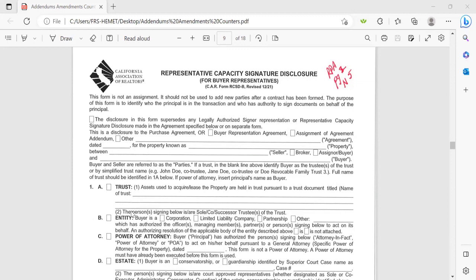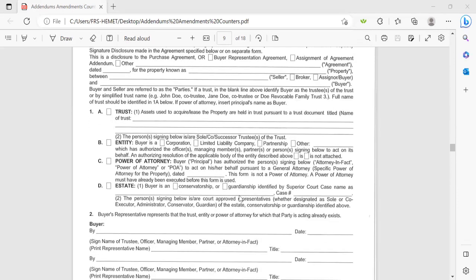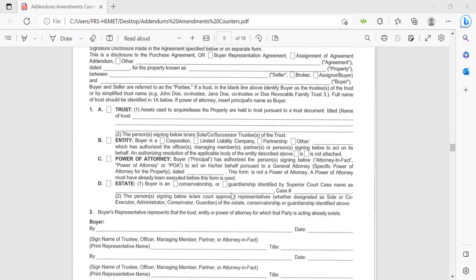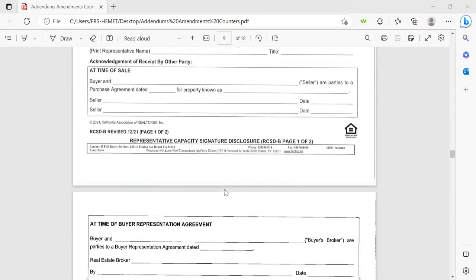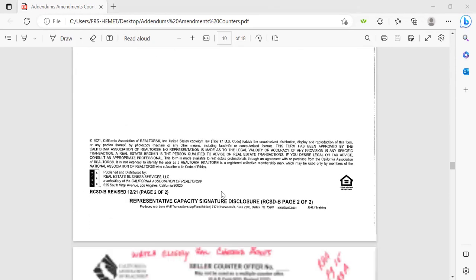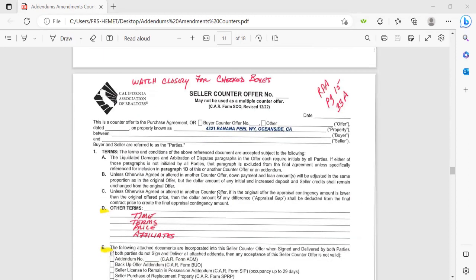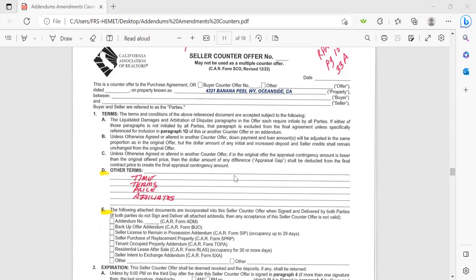I'm not representing myself because the title is going to show in the name of the trust, or in the name of a corporation or a limited liability company or whatever it is. If the guy or gal selling or buying the property is different than the way it's going to be written up, then I need to have a representation agreement.